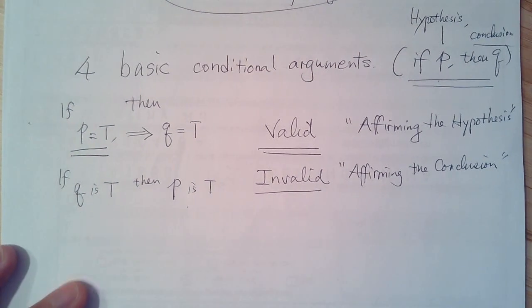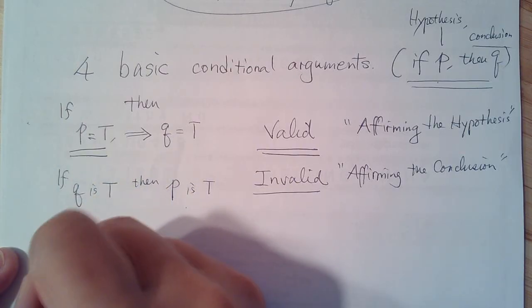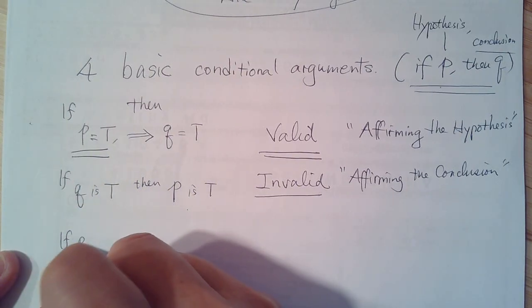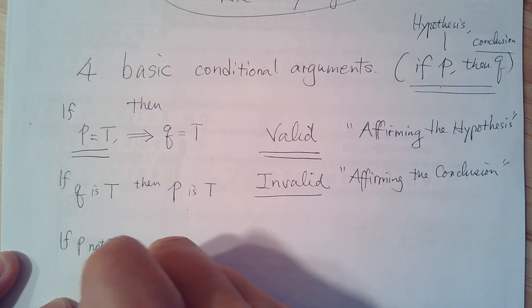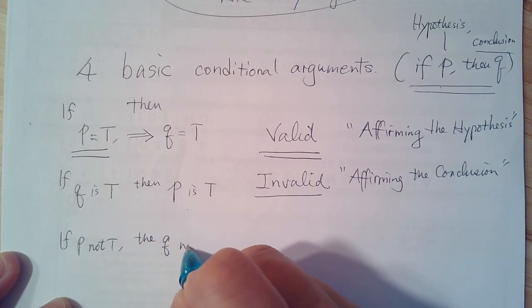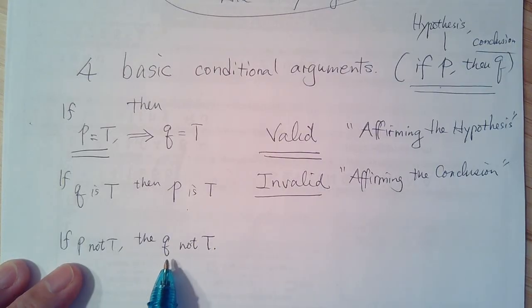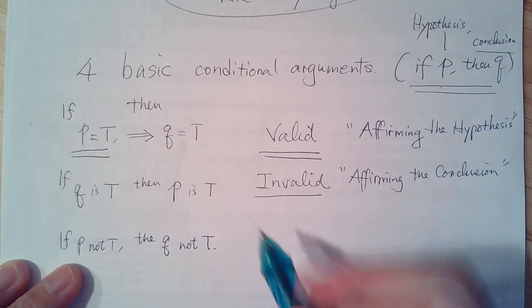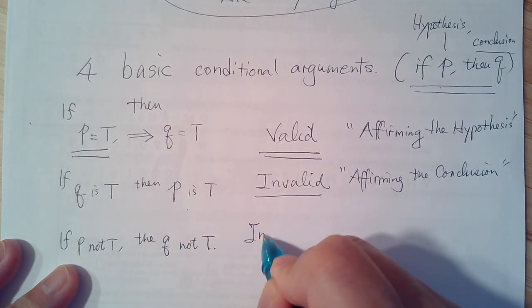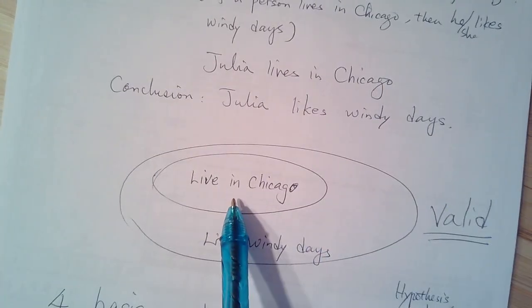All right, now I can continue because I said 4 basic, so there are 2 more. If P not true, then Q not true. If someone doesn't live in Chicago, then he or she does not like windy days. This is also invalid, because I do have people who do not live in Chicago, but they still like windy days.